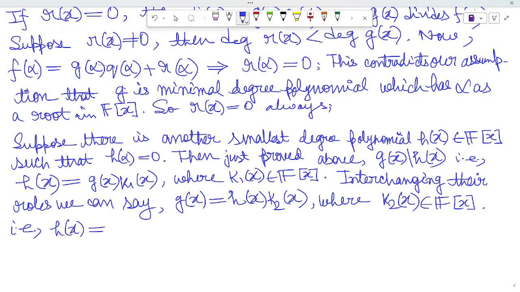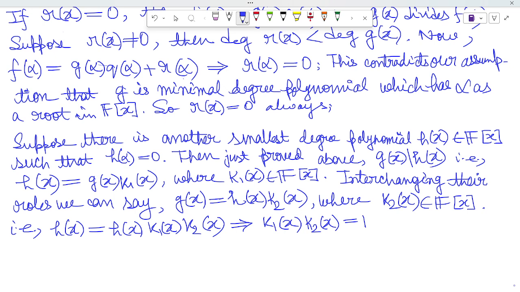Now put this value of g(x) here: h(x) equals h(x) k1(x) k2(x). F[x] is an integral domain, so you can cancel. That means k1(x) k2(x) equals 1. That means they are individually equal to 1.